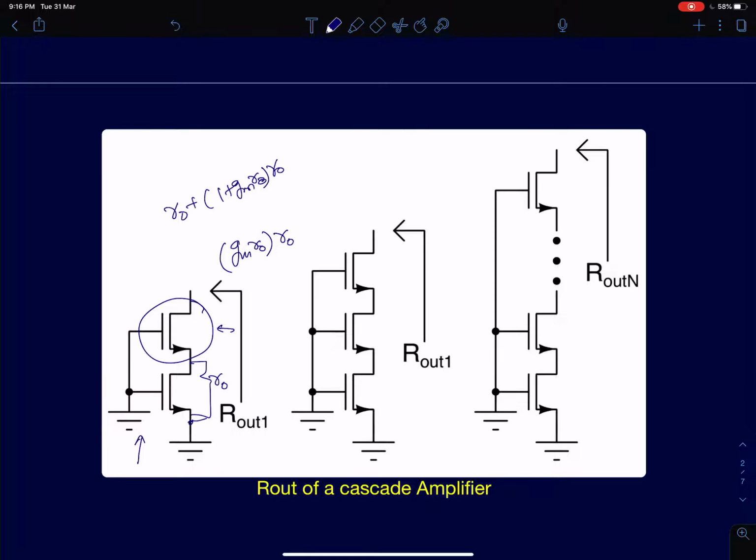Okay, then you can approximate this resistance. R0 is a large enough resistor, so you can ignore the R0 here. In the final expression, you can simply say that it's going to be R0 into 1 plus Gm R0. So I'm going to ignore 1 as well. So it will be R0 into Gm R0. So the gain R0 gets multiplied by the intrinsic gain.